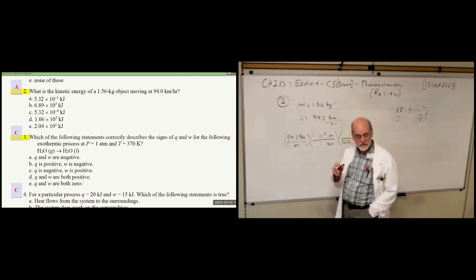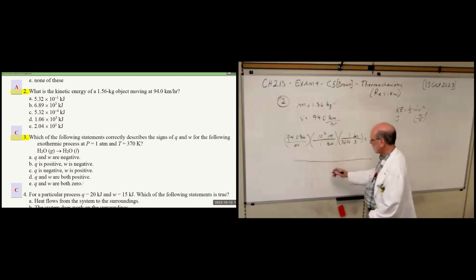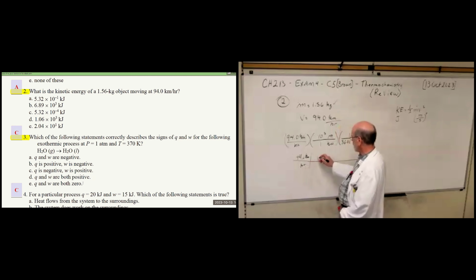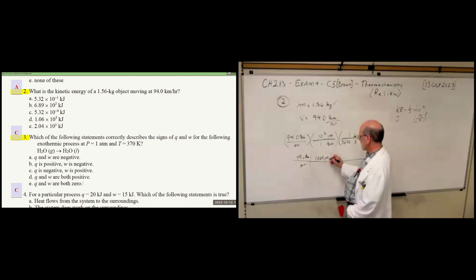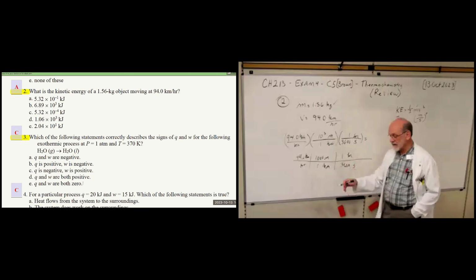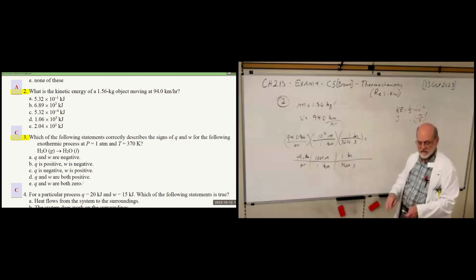I know some of my students like to do it this way. They put 94 kilometers here, hours here. They put 1,000 meters here, kilometers here. 1 hour here. That's how they do that. 3,600 seconds there. If that keeps you straight from making a mistake, do it that way. I don't care.